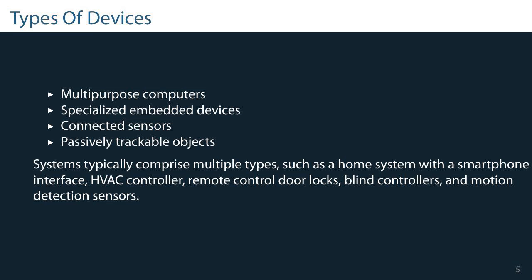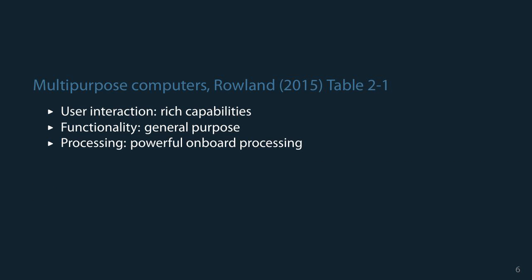For example, a home system might have a smartphone interface, an HVAC, that's heating, ventilation, and air conditioning controller, remote control door locks, blinds controllers, and motion detection sensors. So all of those together are a system, and there are multiple types of devices. The types of devices are summarized in Table 2-1 in Rowland 2015.